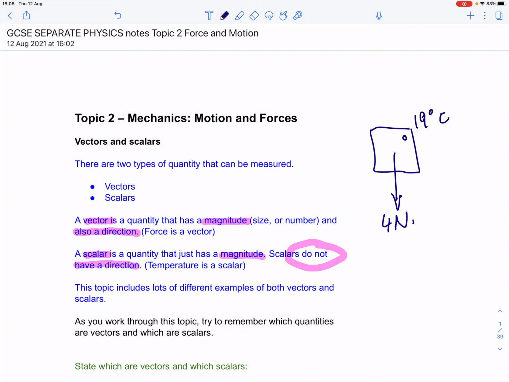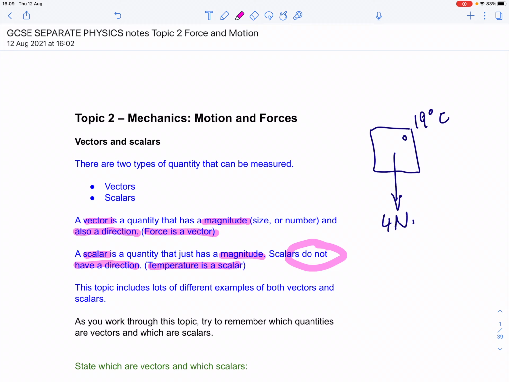It's meaningless to say that the temperature in the box at this particular point is 19 degrees C in any particular direction. That just doesn't work. It's just the temperature. So the temperature is the scalar, and I've got that in my example. Temperature is a scalar because it has no associated direction, just a magnitude, but force is the vector because it has both a magnitude and it has a direction.